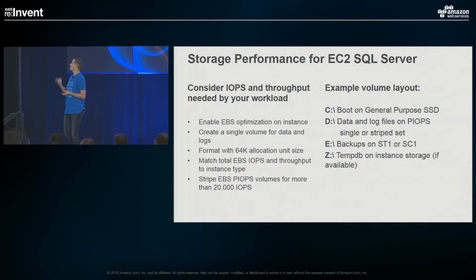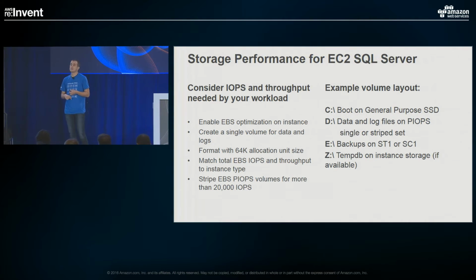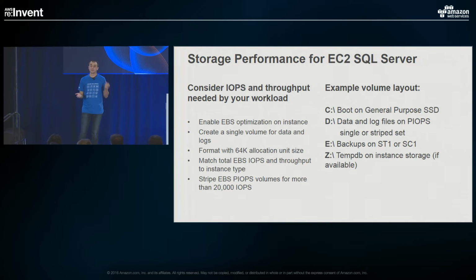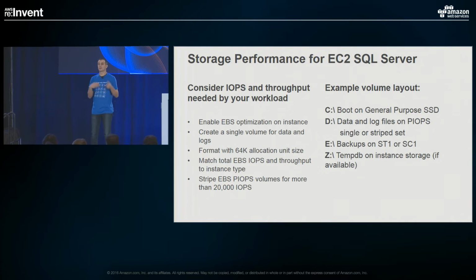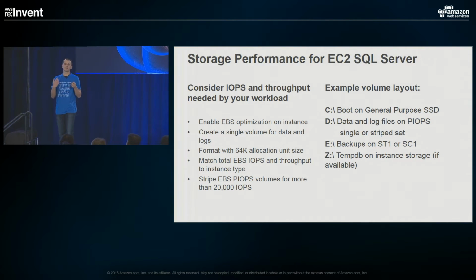And then you're going to have a different drive, a D drive, that stores your data and log files, with provisioned IOPS at the high performance level, either as a single volume or a striped set of volumes if you require that level of performance. And then you'll likely also have an E drive that's used wherever you're dumping your backup files.